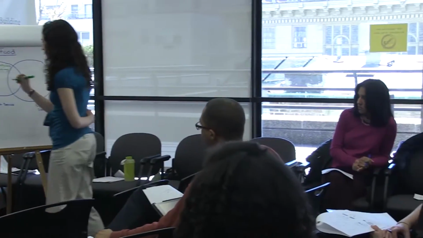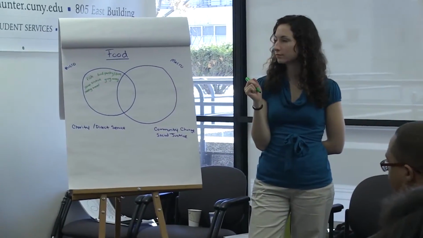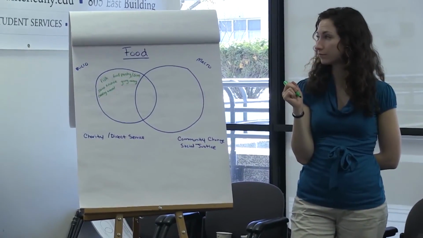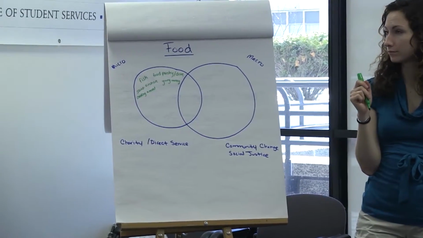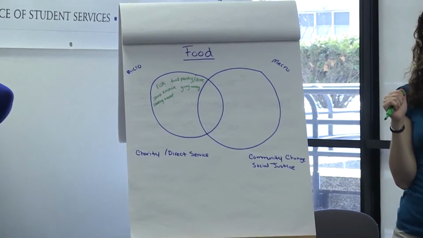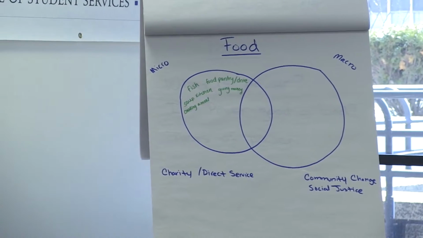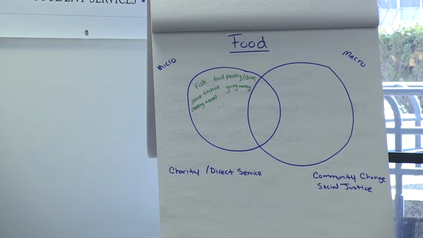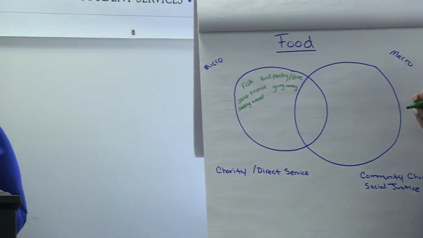I've done that for my friends who I know are really low on groceries. I cook them a big meal and give them the leftovers. All right, how about direct service? What are examples of direct service? We started saying them already. The welfare office, yes. Food stamps is an example.